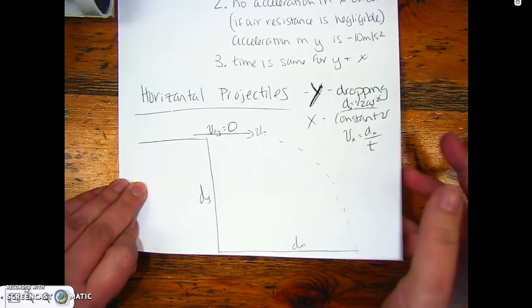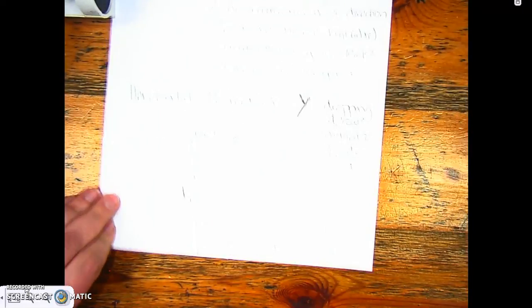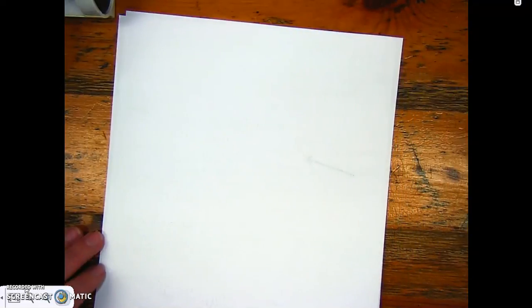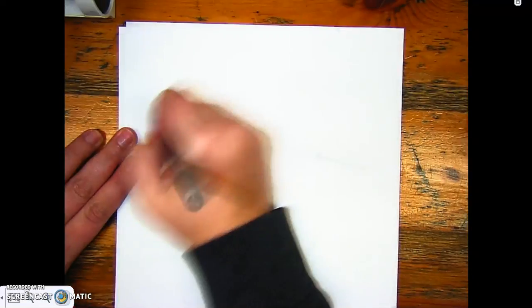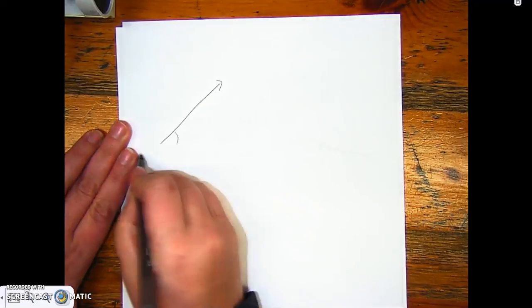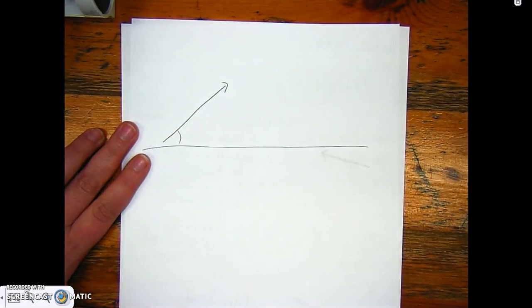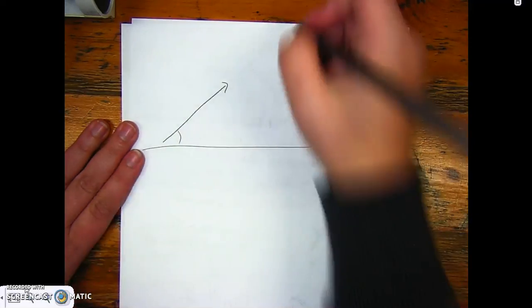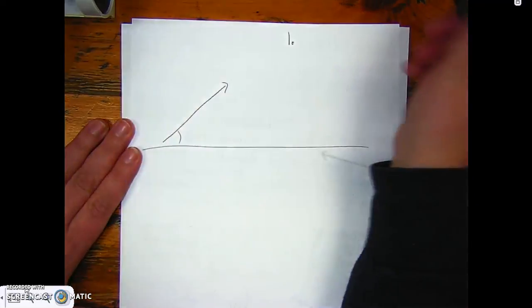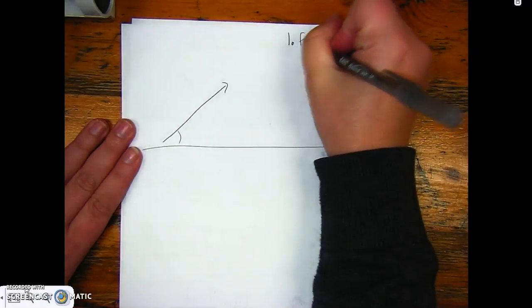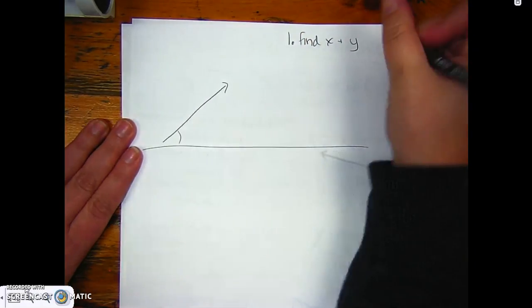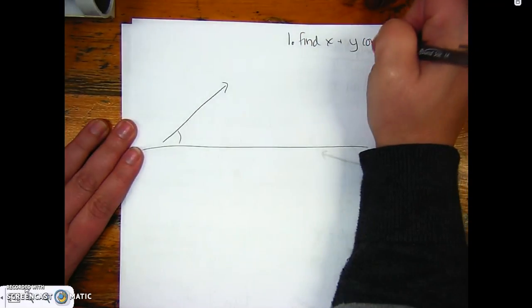Then the next kind of projectile we have is the angled projectile, something that's shot at an angle from the ground or even up off the top of some raised elevation surface. For these, the first step is to find the x and y components of the initial velocity vector.